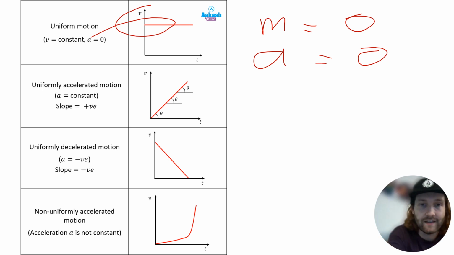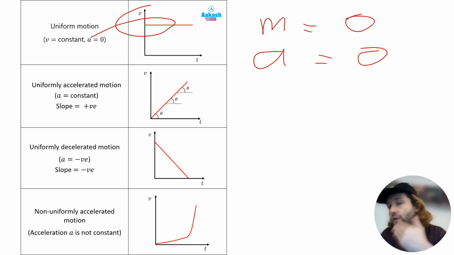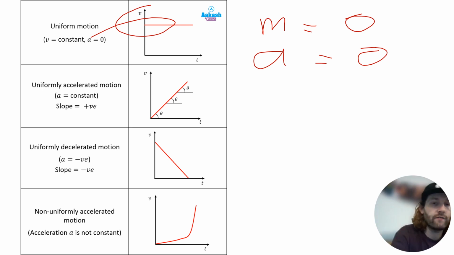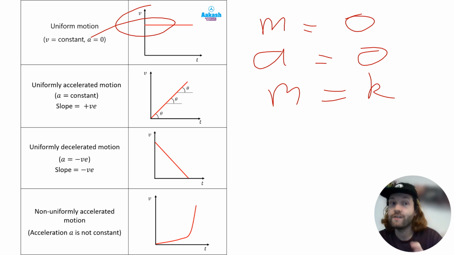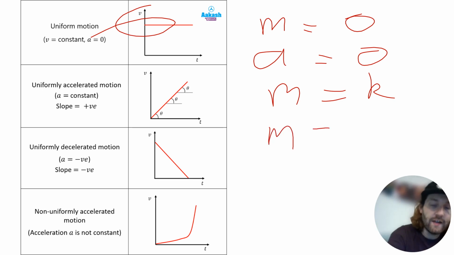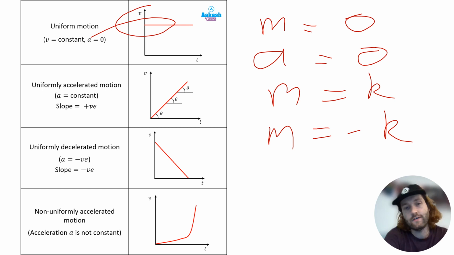Yeah, it's constantly whatever this velocity is. So that one there, uniform motion, constant velocity. Next one, gradient is constantly positive, meaning acceleration is constantly positive. Uniformly accelerated motion.